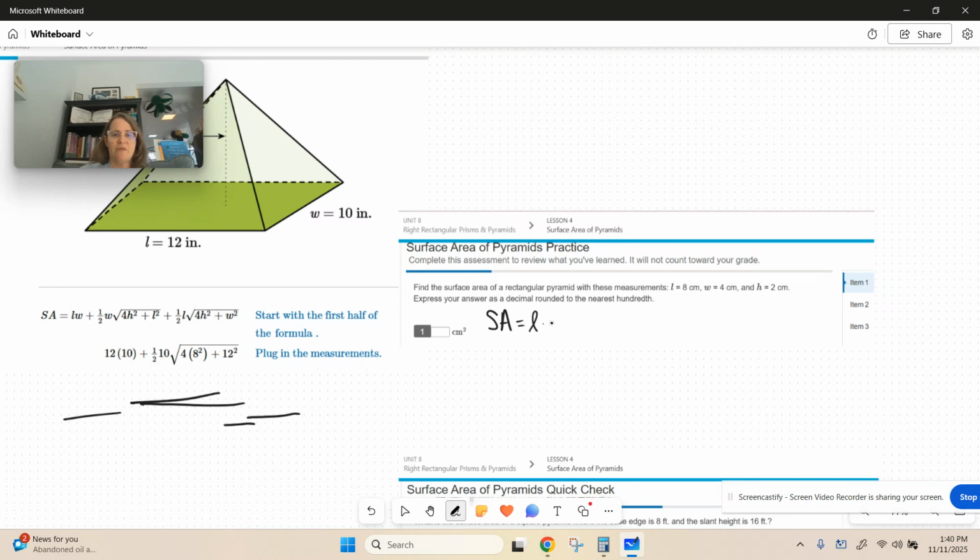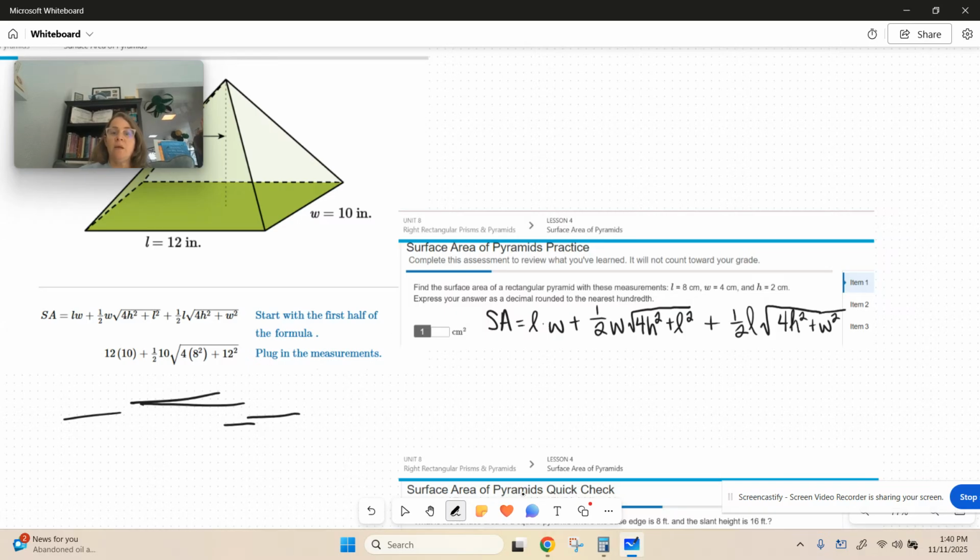It's length times width plus 1/2 times width times the square root of 4h squared plus L squared, plus 1/2 length times the square root of 4h squared plus w squared.